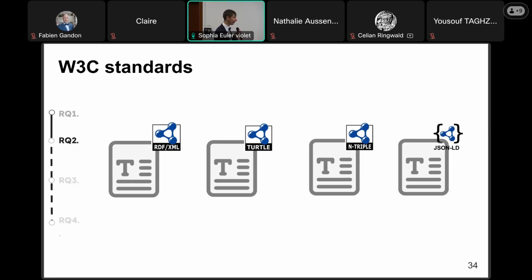Namely RDF/XML, which is the historical syntax, but also Turtle, which is a more human-readable and more compact syntax, N-Triples, which is a line-based syntax, more oriented to be machine-readable, let's say. And finally, JSON-LD, which is in line with the modern use of JSON in web applications.